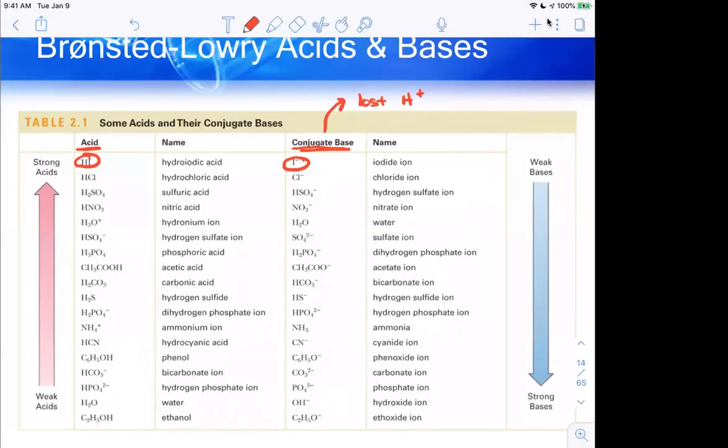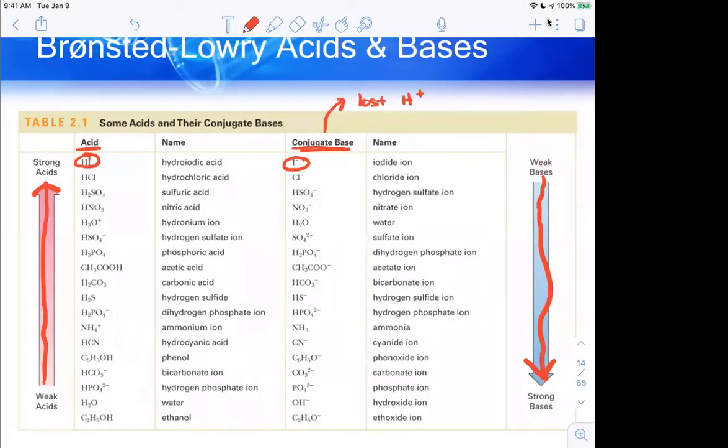That's the difference of one hydrogen plus. We're going to look at acid and base strengths next. As I go up this chart, my acid strength is increasing. Notice the conjugate base strength increases in the opposite direction. We're going to talk about that a little bit later.